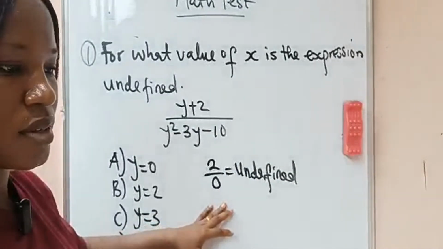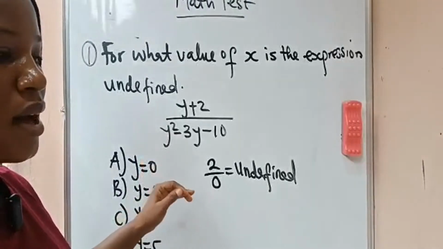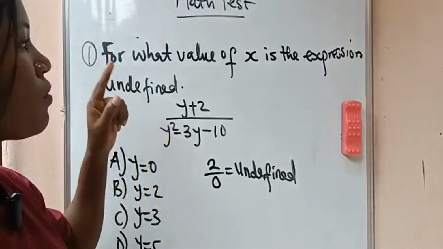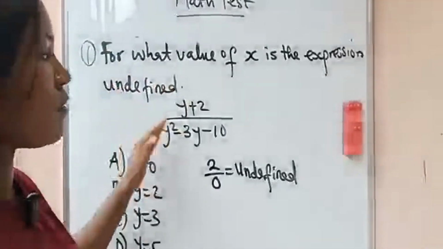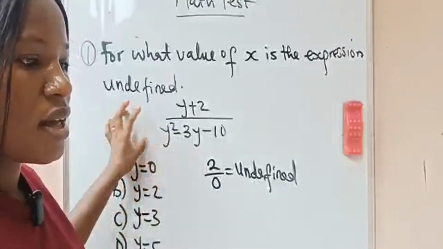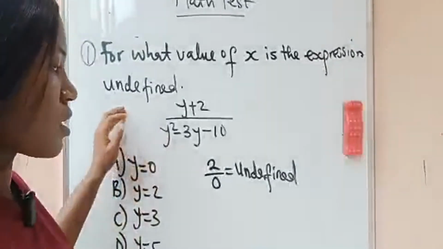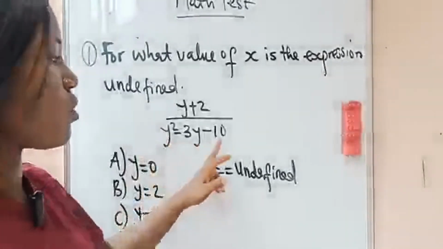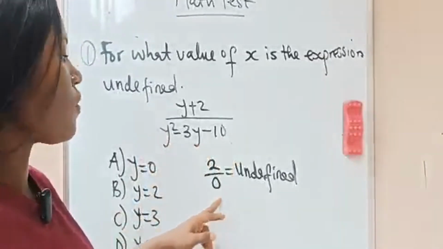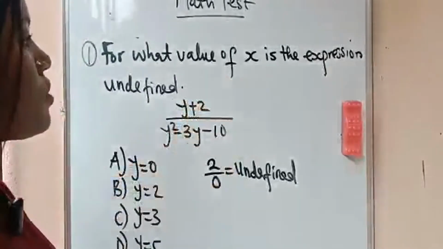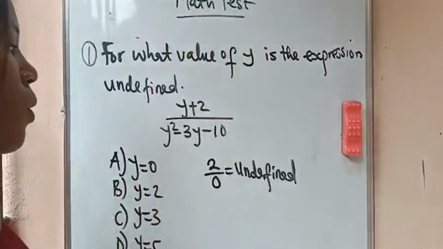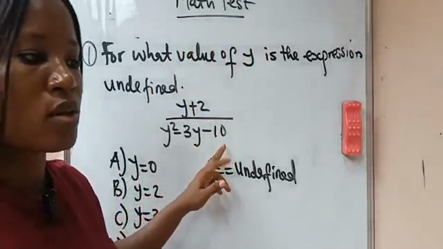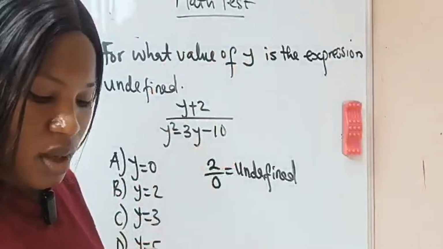So when they ask us for what value of x is the expression undefined, they are indirectly asking us to make the denominator 0. What value of y, not really x, will make the denominator equal to 0?